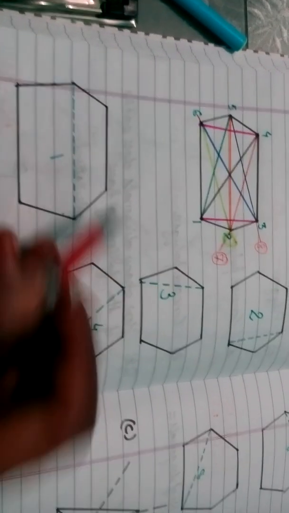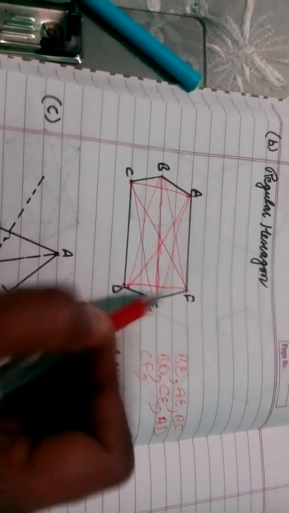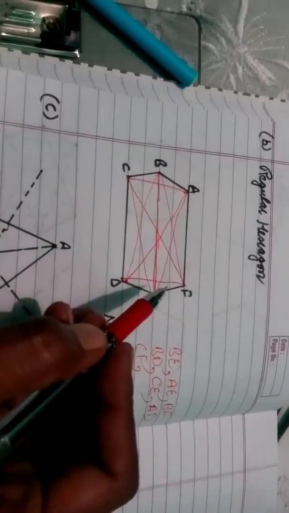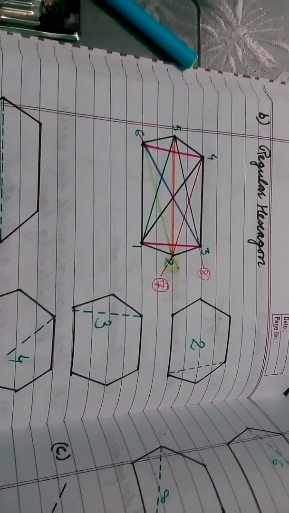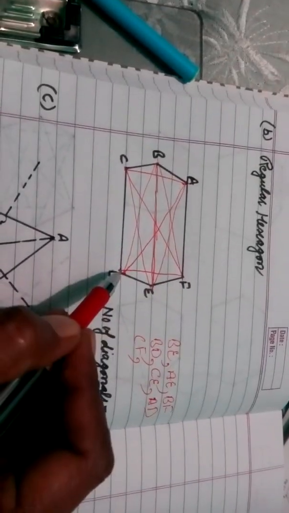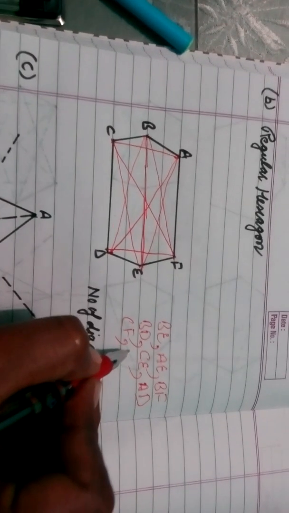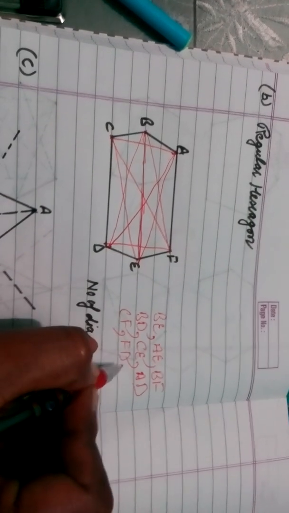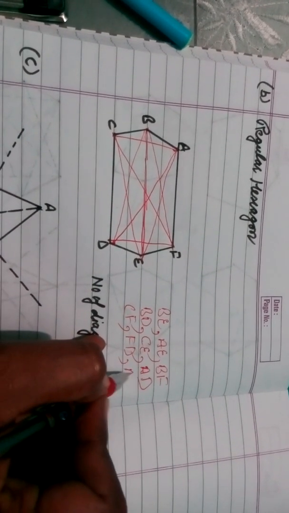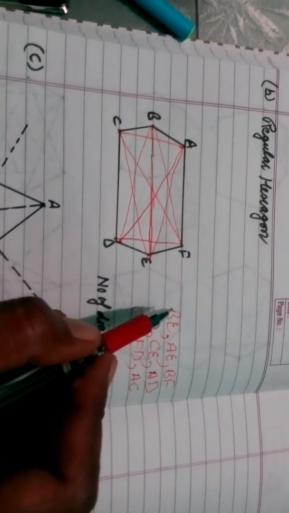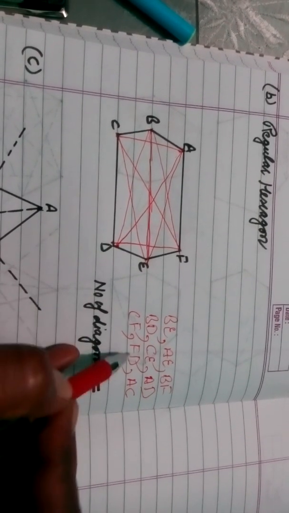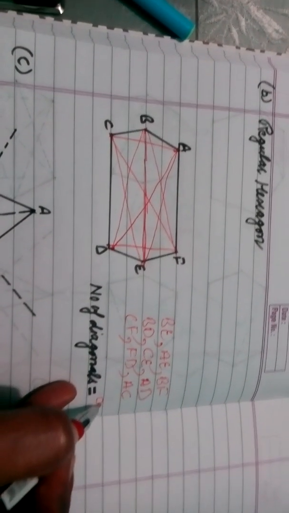One was this BE, second was FD, and AC. So how many? 1, 2, 3, 4, 5, 6, 7, 8, 9. So there are 9 diagonals.